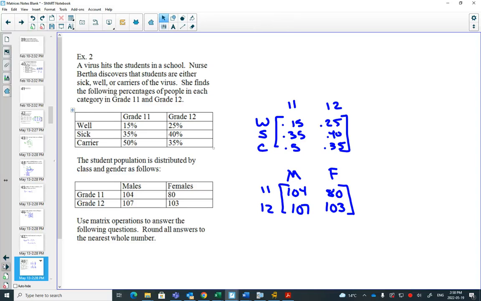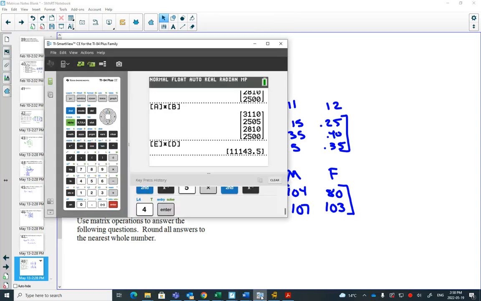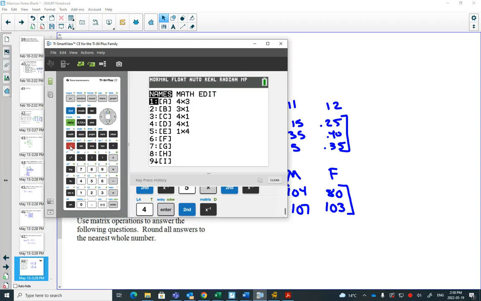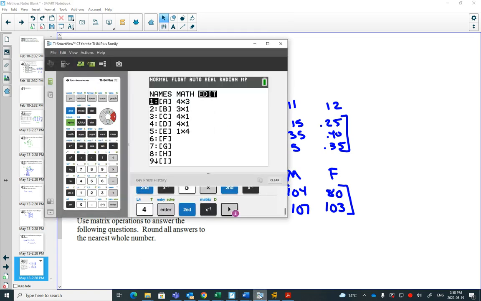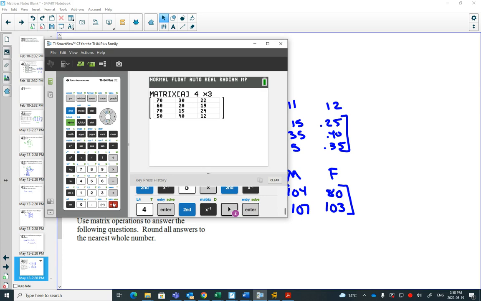Okay. So again, we're going to go to our calculator and enter these in. I'm going to call this one matrix A, and this one matrix B. I go to edit matrix A, and my new matrix A has 3 rows and 2 columns.